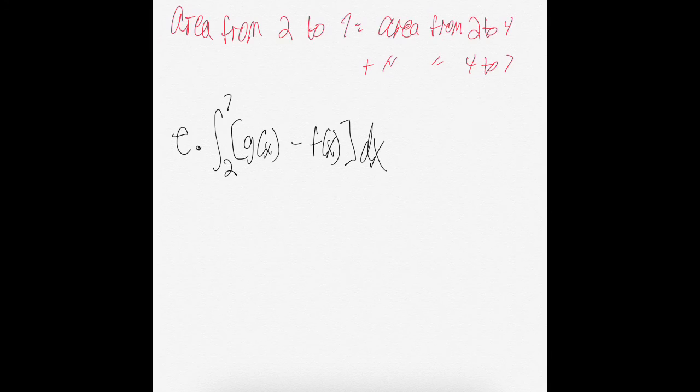Whew, okay. So we now have part E. Part E asks us for the integral from 2 to 7 of g of x minus f of x dx.